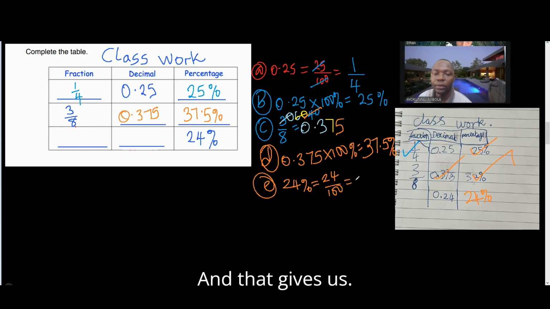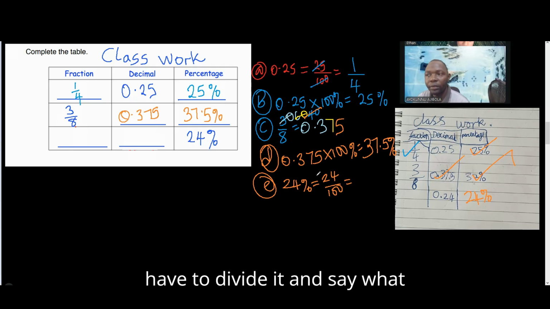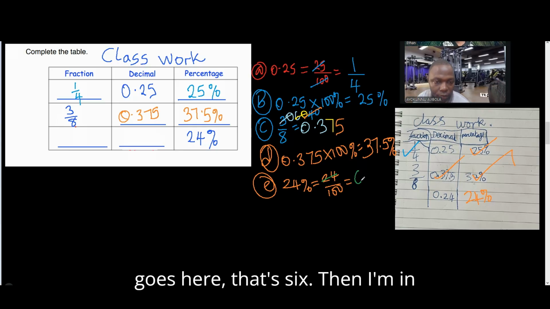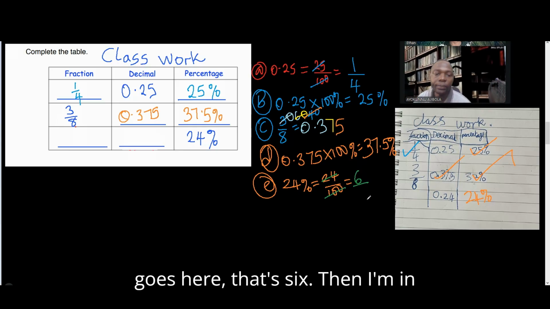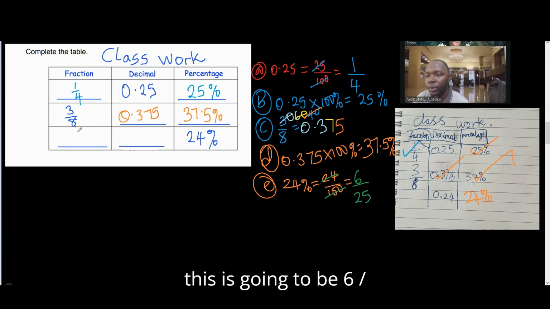And we have to divide it and say what can divide them. So how many 4 goes here? That's 6. Then how many 4 goes here? That's 25. So this is going to be 6 over 25.